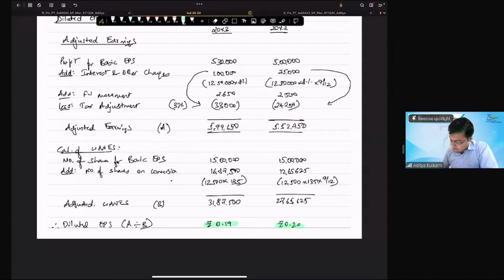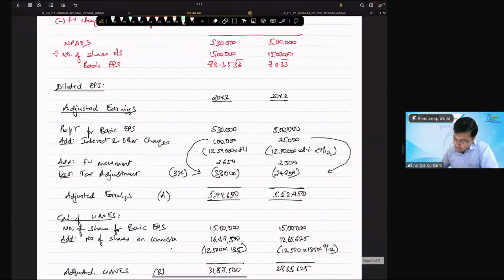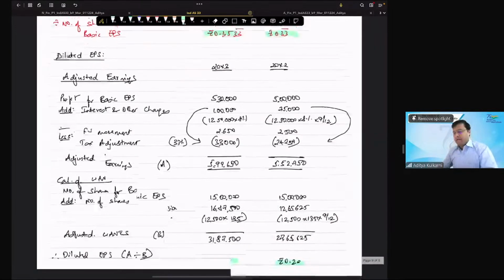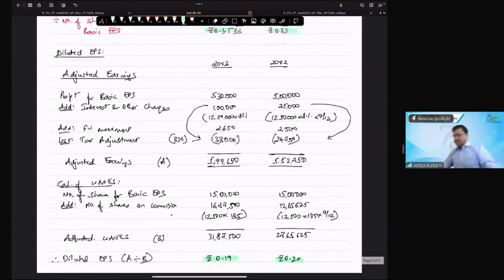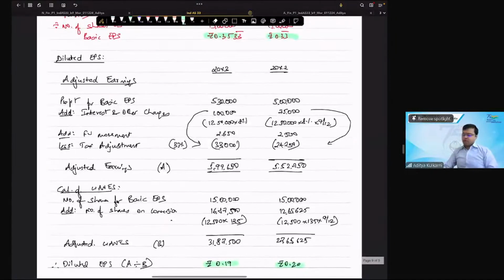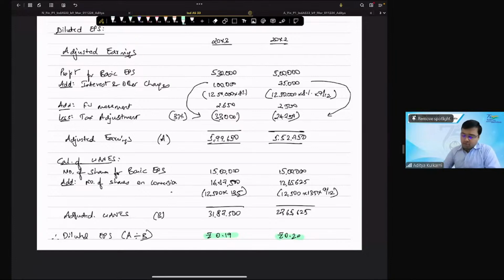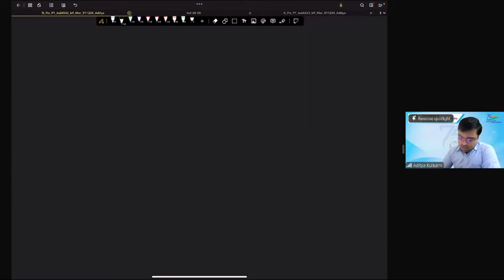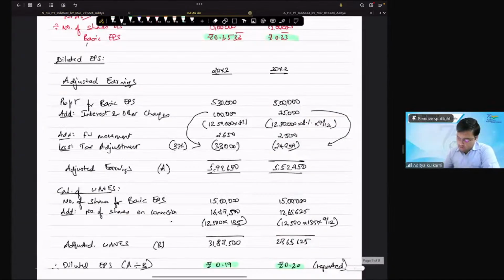Are we okay with this? Is there a dilution that is happening? Yes, 0.35 coming down to 0.19, 0.33 coming down to 0.20. Any doubts? No, sir. Clear? Okay, perfect. So that takes care of this example.